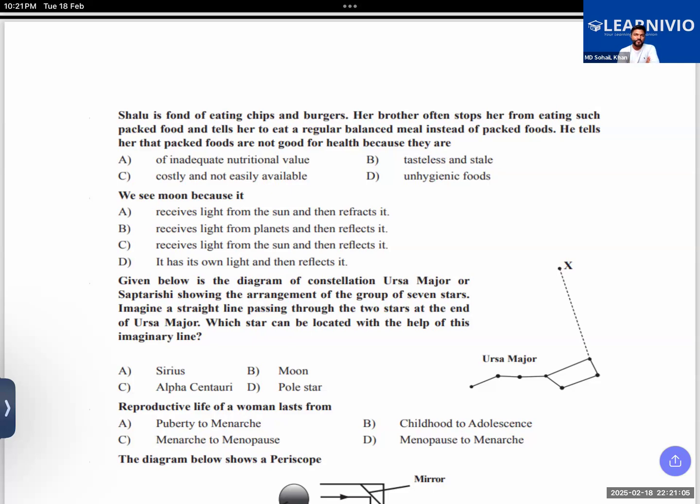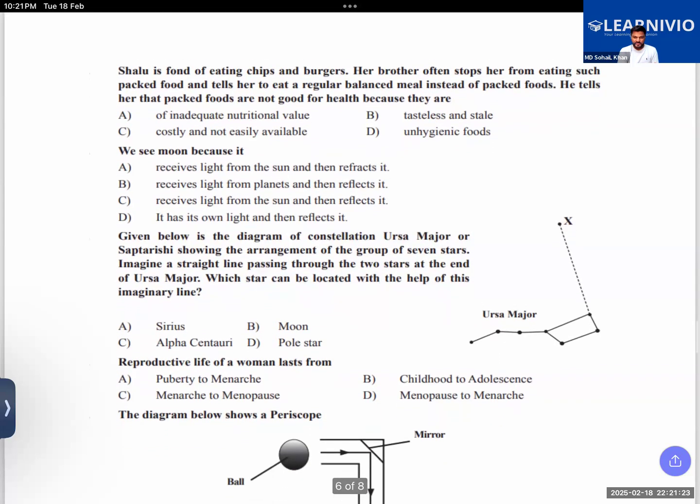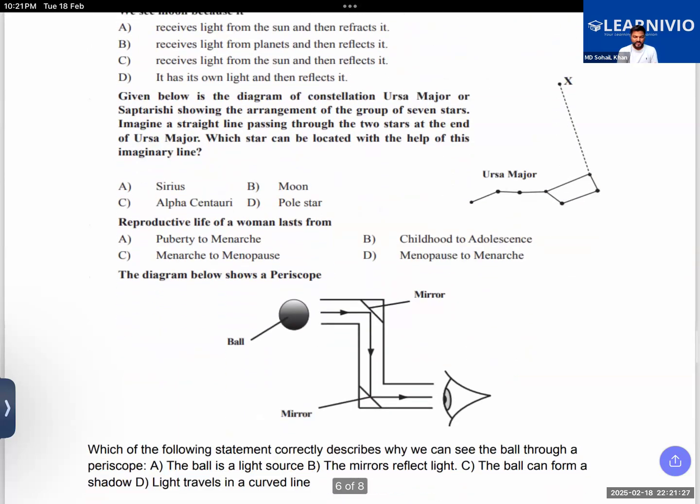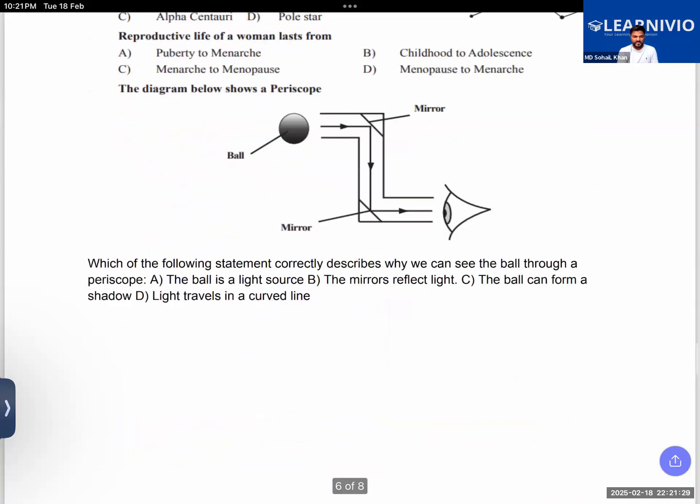Particularly, the type of oil used in them is very cheap, like palm oil, which is very bad for health. Most of the chips sold in the market contain palm oil, and palm oil is not good for the heart. Okay, these are from the stars and solar system. So you answer this question. The diagram. By the way, in eighth grade, you haven't learned about the periscope now. It was in the seventh grade only, right?